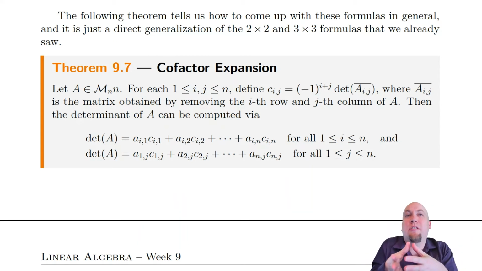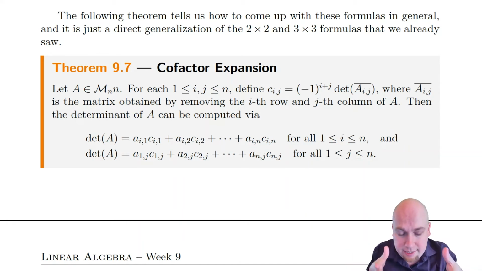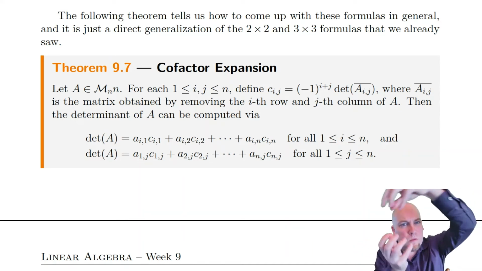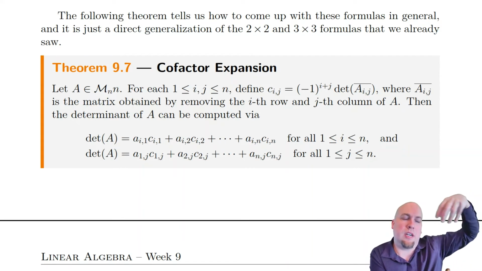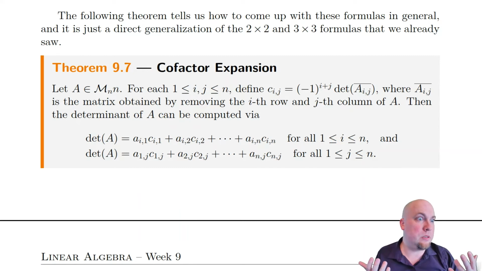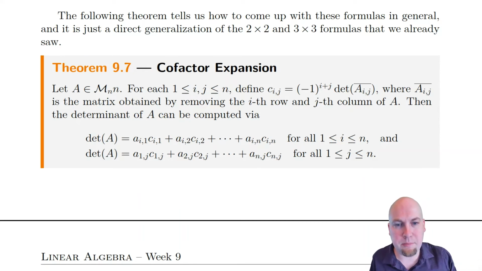Okay, and of course, these all give you the same final answer. These formulas, they're equivalent to each other in a certain sense. Like they always give you the same numerical answer at the end of the day, but which one you use, it's a little bit of personal preference, and also it's a little bit of, you know, what do the entries of the matrix look like? We'll talk about how to sort of cleverly choose which of these formulas will be easiest to use for a particular matrix once we get down to examples.